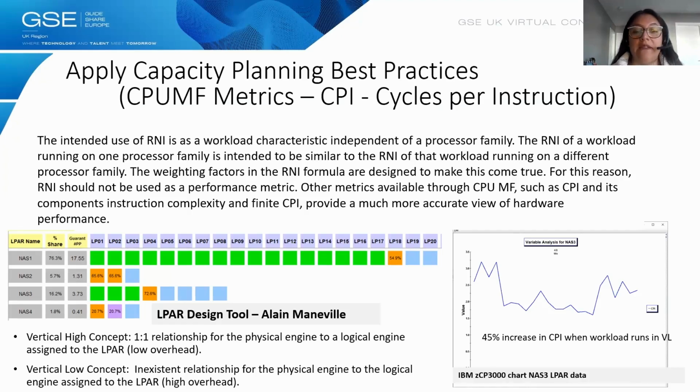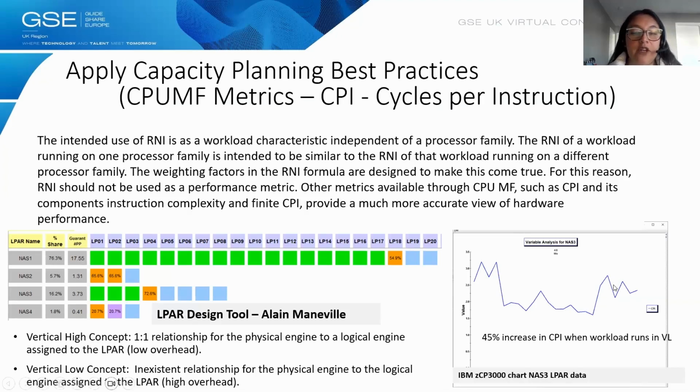Based on that, I cross-checked it with the CPI metric here. Take into consideration this LPAR here, NAS3: it had 3 vertical highs, 1 vertical median, and 4 vertical lows. Whenever the batch workload was running during the early morning, the CPI used to jump up to 3, and then it went back down to 2 or 1, and then at the end of the day it would also jump.